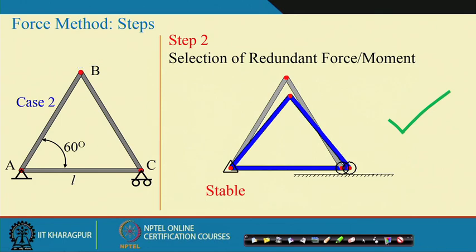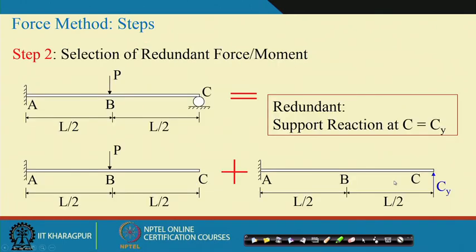Okay, so once this is done, go back to our original problem. Let us continue the analysis by taking Cy as the redundant. Now, these are the basic determinate structures. The next step is to solve these basic determinate structures, where we have to find the displacements, moments and everything.